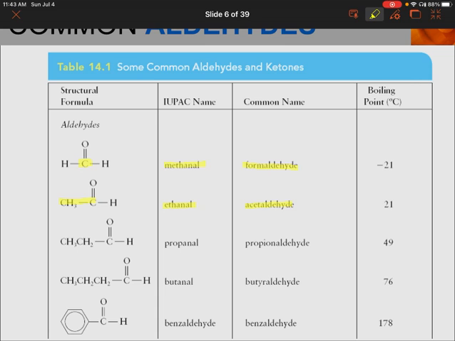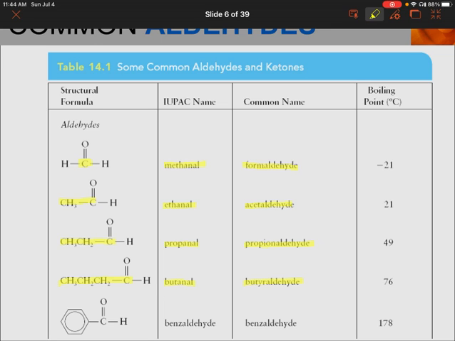If you have 3 carbons in your aldehyde chain, we could call that propanal, but the more common name is propionaldehyde. I personally prefer propanal, it's easier to say. Now, if you have 4 carbons in your chain, you can call that butanal, but there's also a common name, butyraldehyde.